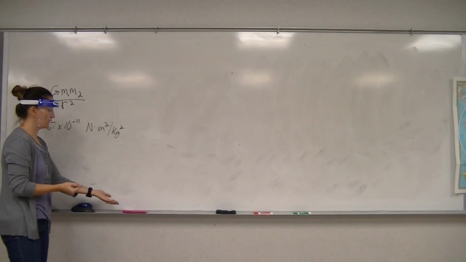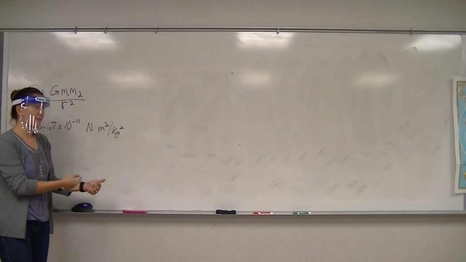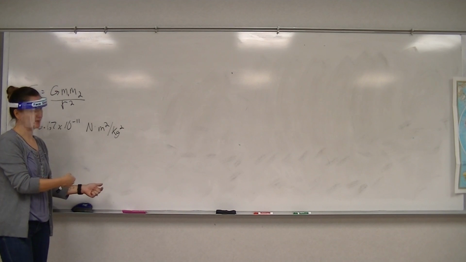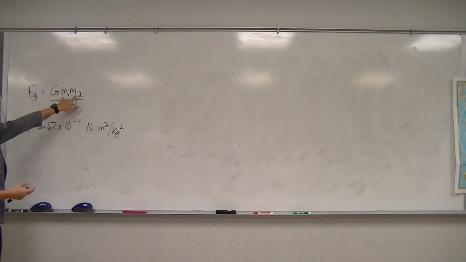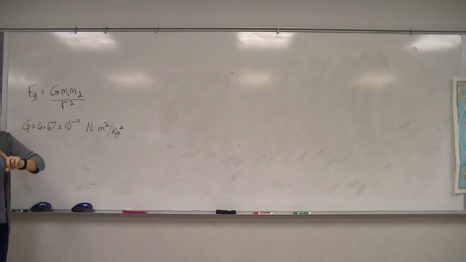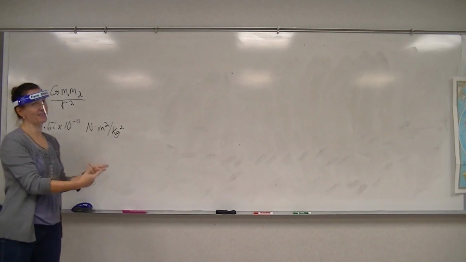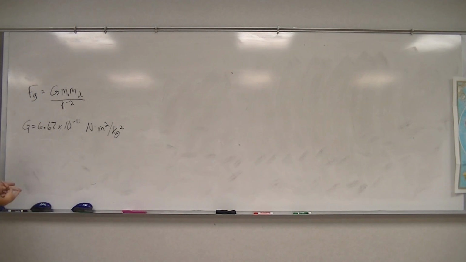So like, I'm exerting a force on this calculator. I'm not touching it, but there is small gravitational force between us. These forces depend upon the mass of the two objects involved. That's why there's an M1 and an M2, because the gravitational force is between two different objects, so there will be two different masses, unless the objects happen to have the same mass, and that would just be coincidence.